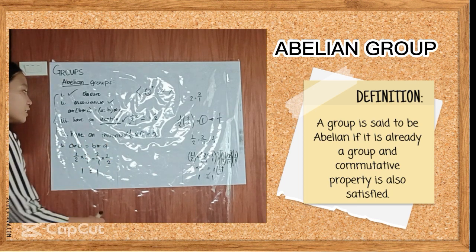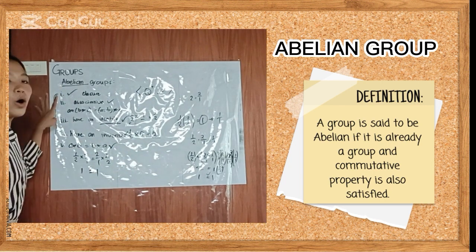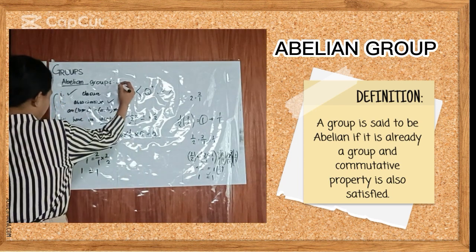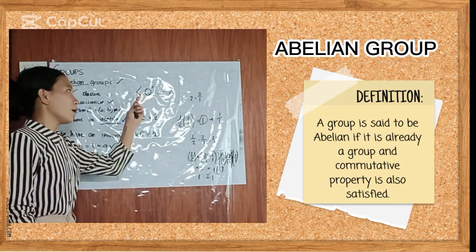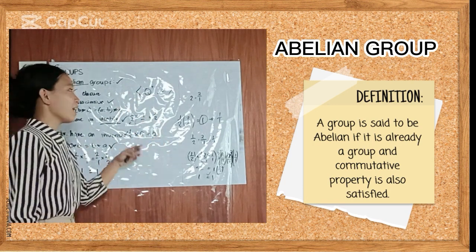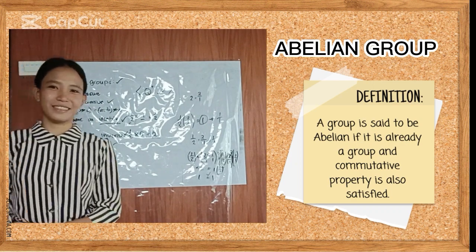Therefore, it is commutative. Since we satisfied all the properties, it is an abelian group. So the positive rational numbers under multiplication is an abelian group. That's it.